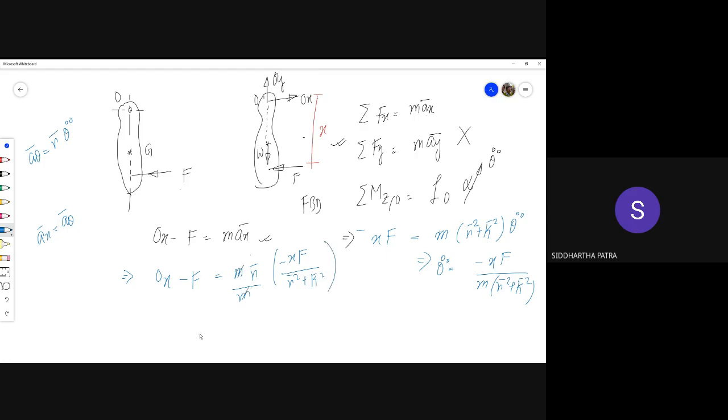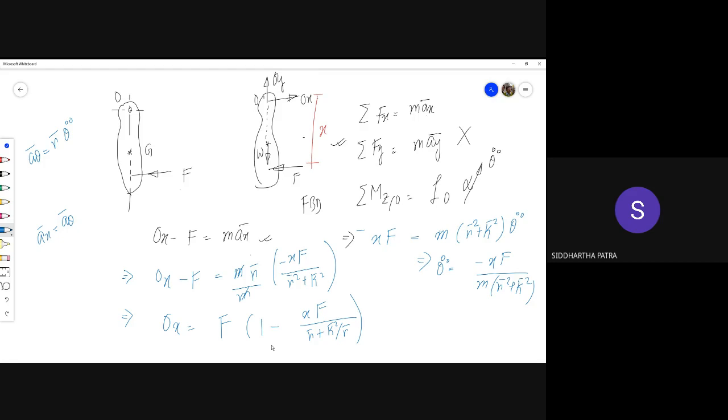So M cancels out. So this is the expression for OX now, the horizontal reaction at the pivot point. So it is F times 1 minus X times R bar plus kappa bar squared divided by R bar.